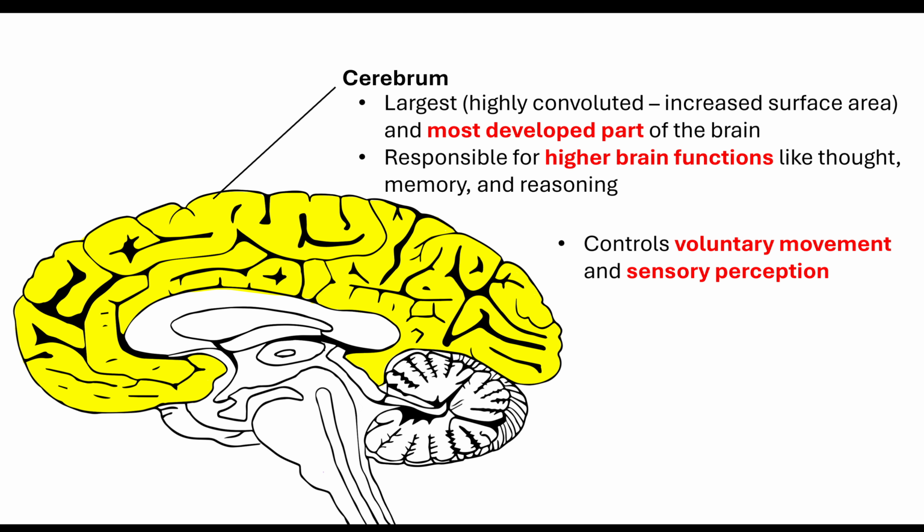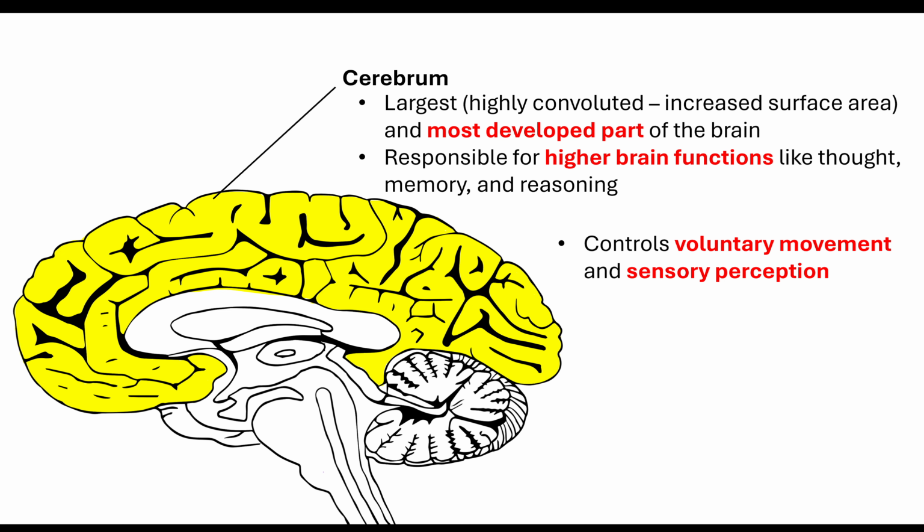This is where we are controlling our voluntary movement, and also where our sensory perception occurs. Our receptors are connected to our central nervous system via our sensory neurons. Our sensory neurons go to the central nervous system, which is made up of, remember, our brain and our spinal cord. The cerebrum, which is the biggest part of the brain, is where we control this sensory perception.